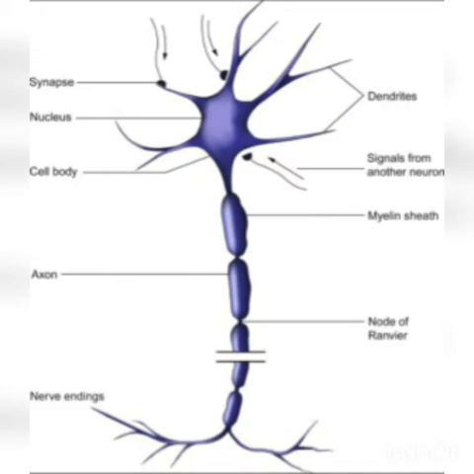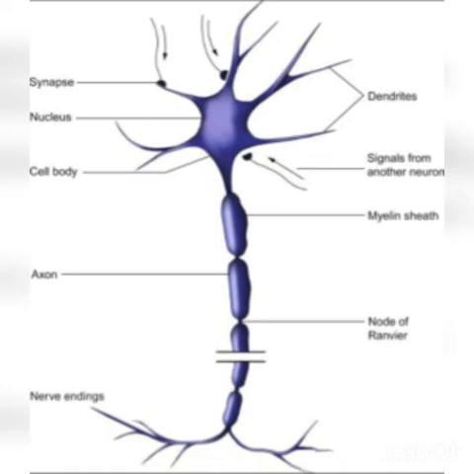Then the axon is surrounded by cells called Schwann cells. Then the myelin sheath is found. Here in this diagram you can see the myelin sheath covering the axon, and the node of Ranvier is also seen.